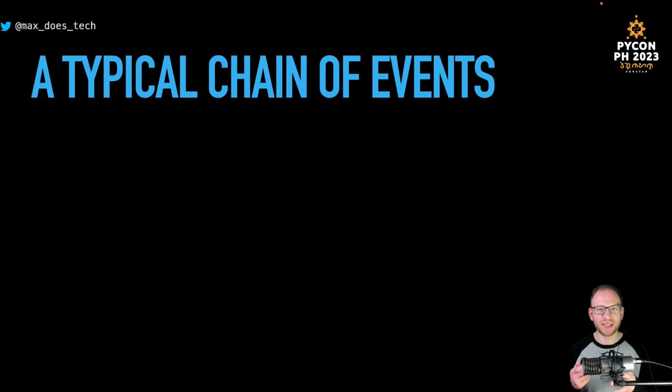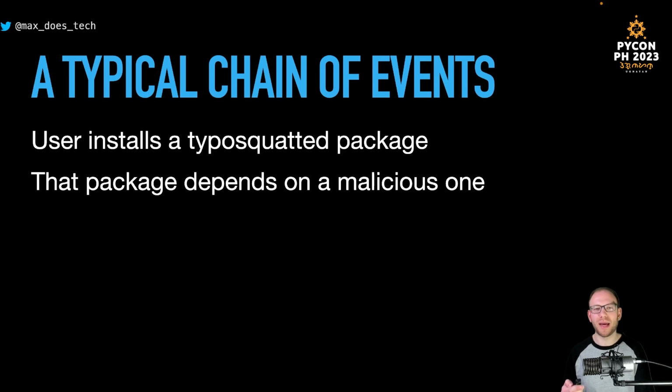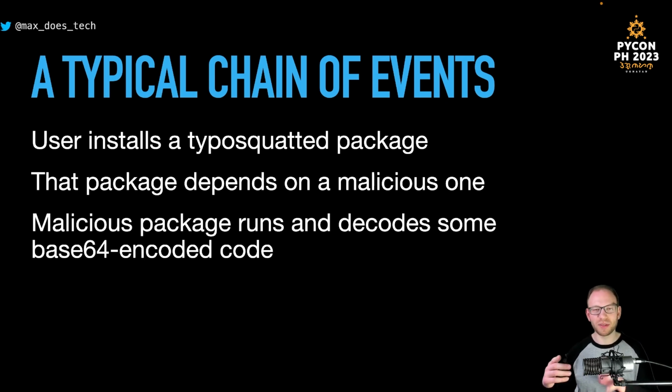A typical way this kind of thing can work is that first of all, a user would install a typosquatted package, by mistake, by some confusion, but that package would depend on a malicious package. And that one would then run and decode some base64 encoded code, which is base64 encoded just to slightly hide what the behavior is.